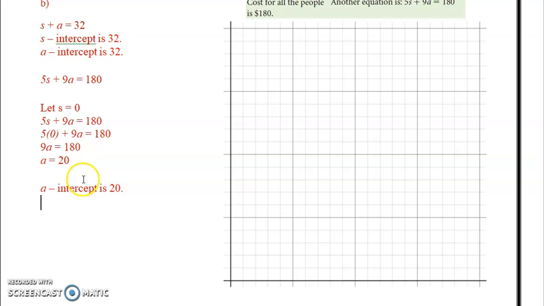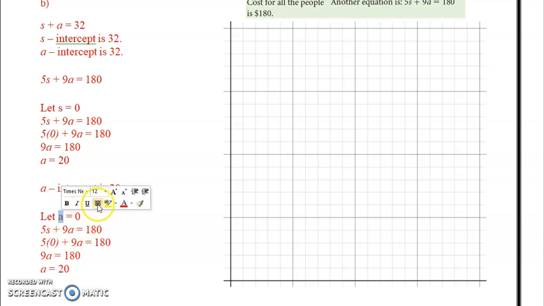And then you'll do the same thing here. This time we're going to let a equal 0, right? That's gone. We do 5s equals 180. 9 times 0 is gone.